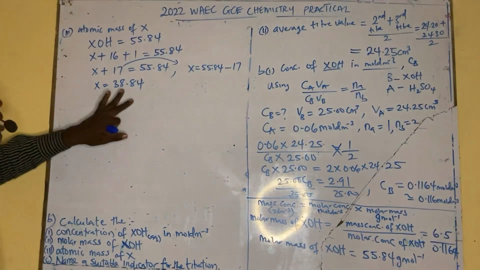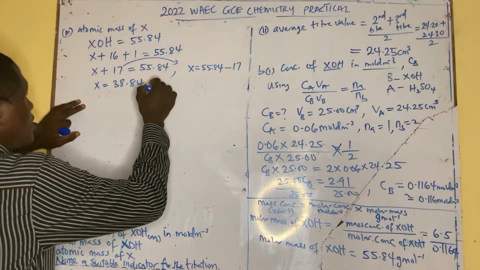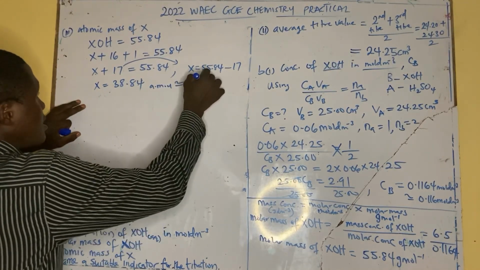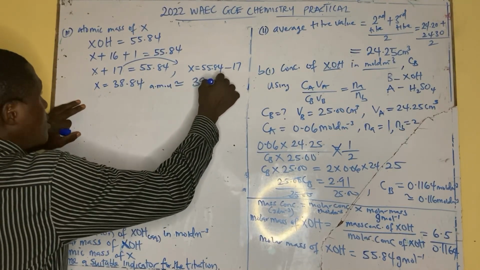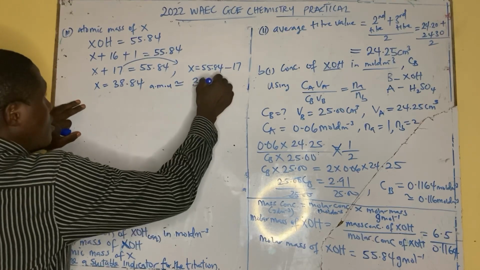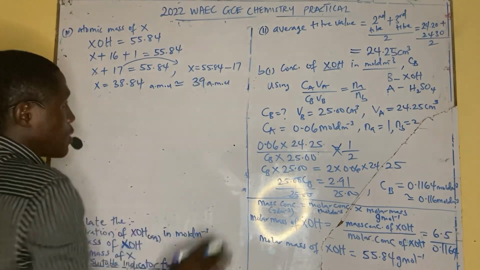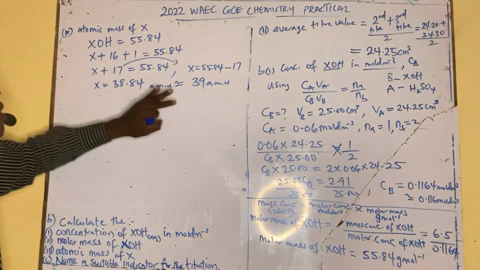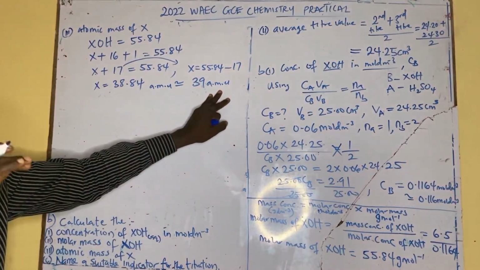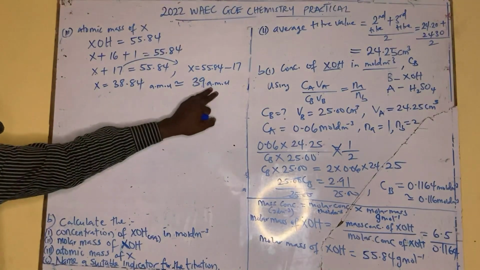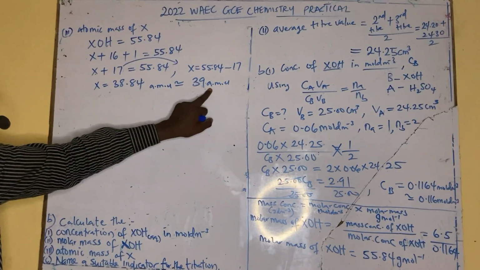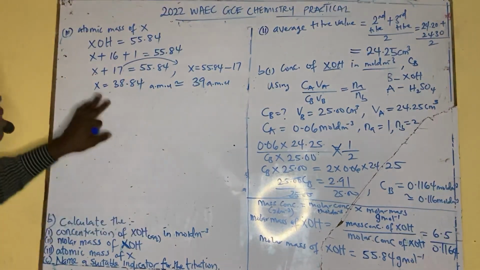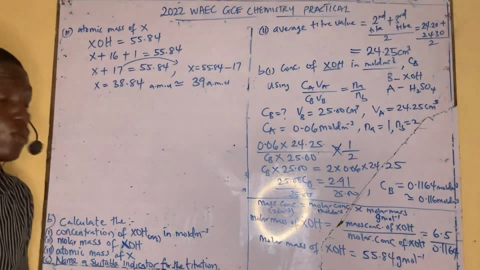When you approximate this, it is going to give you 39, which is potassium. But we are not asked to identify it, we are just asked to calculate the atomic mass. So the atomic mass is 39 AMU, atomic mass units. So that is the value of X for you.